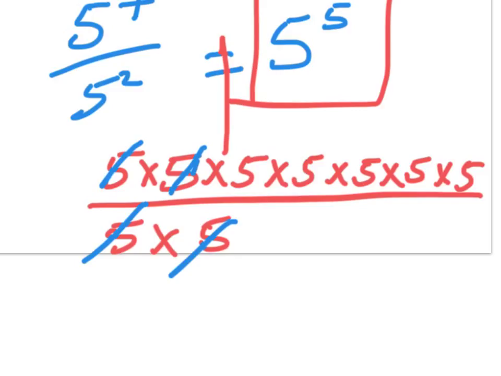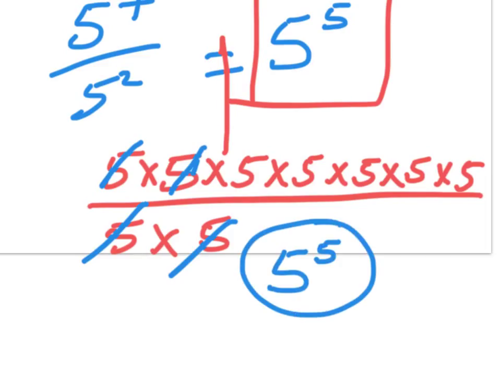How many 5s am I multiplying now? I have 1 times 1. Well, when you're multiplying 1 by a number, it's like adding 0. It doesn't make any difference. So what do I have left? I have 1, 2, 3, 4, 5 5s that are being multiplied. So 5 to the 5 is my answer. So the 5s on the bottom cancel the 5s on the top. So the rule is, when dividing two terms with the same base number, you subtract the exponents.